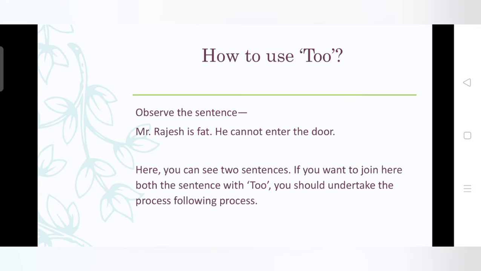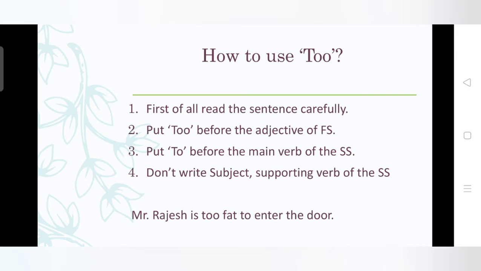You have seen the two different sentences, and if you want to join these two sentences with the help of to, how can you join the sentence? There are some rules that you should remember for using to join two different sentences. The rules are given here.